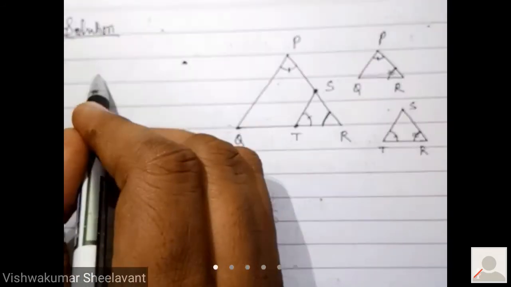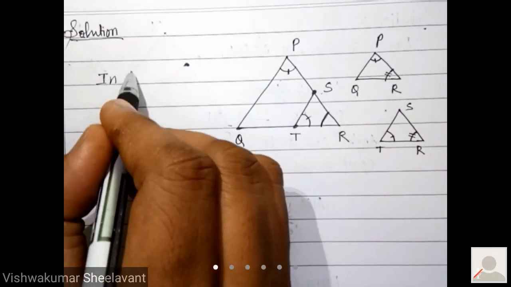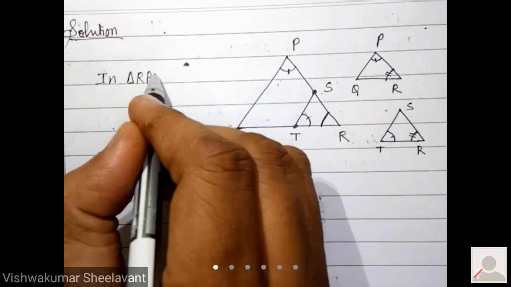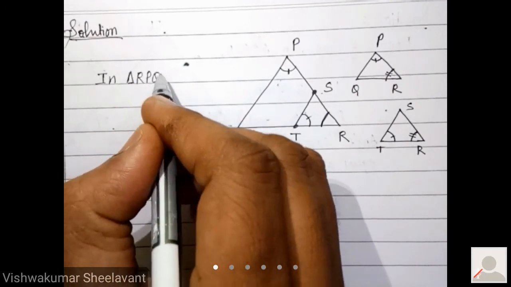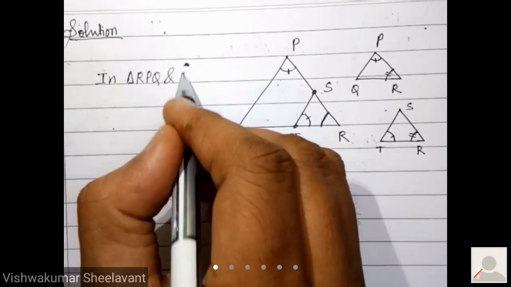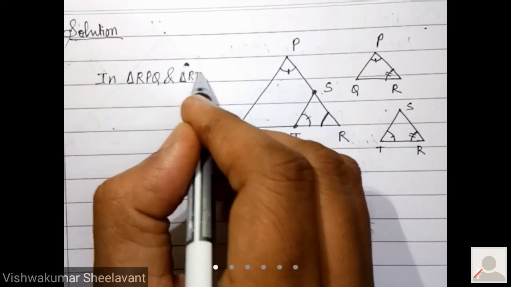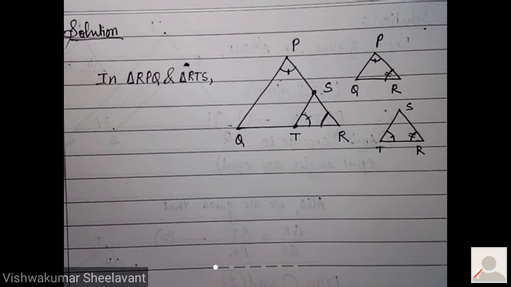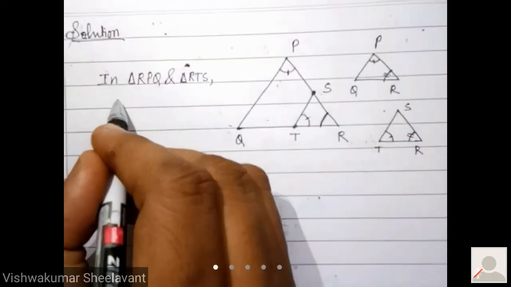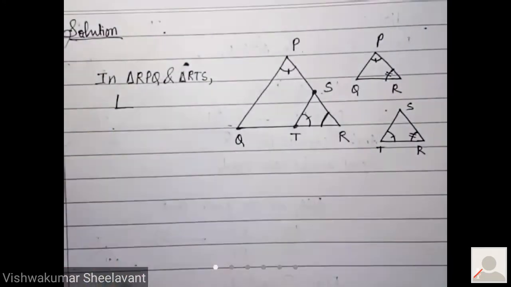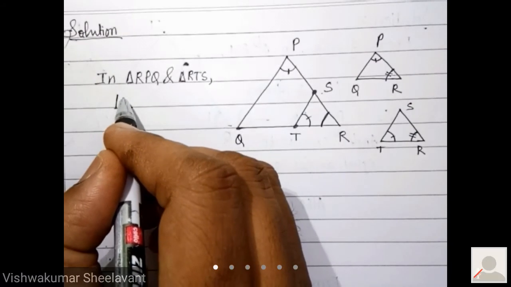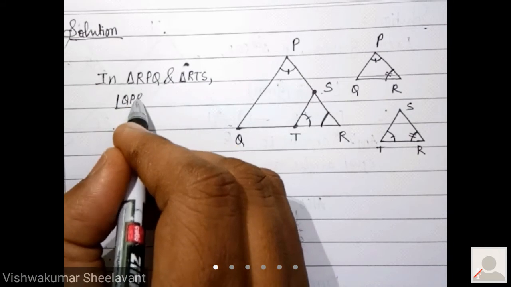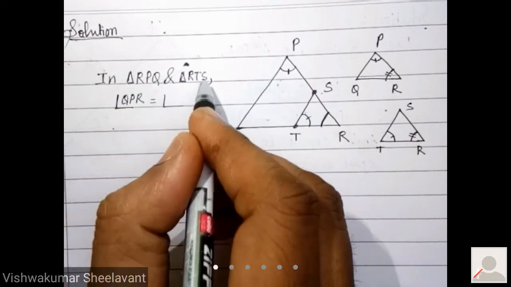Now write. In triangle RPQ and RTS, angle QPR is equal to angle STR.